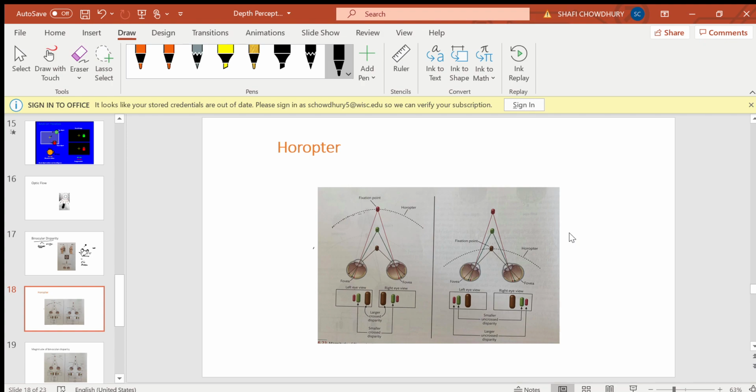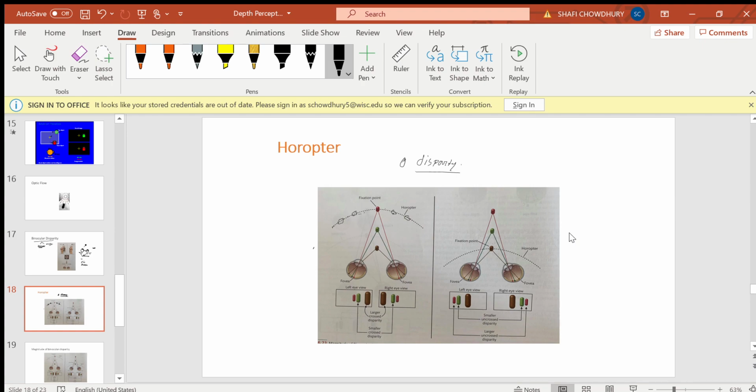When the object is anywhere on this plane and you fixate your eyes on that, that is called zero disparity, same depth or distance. The distance will be perceived the same, and that is the horopter.